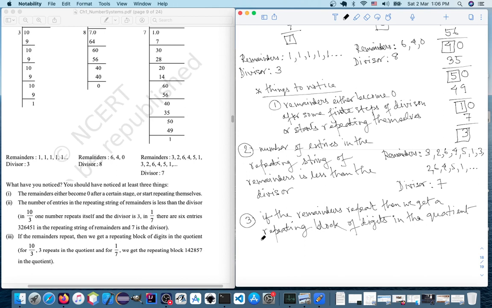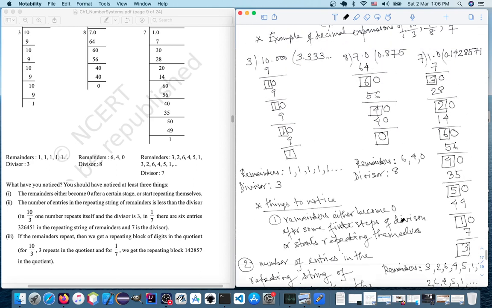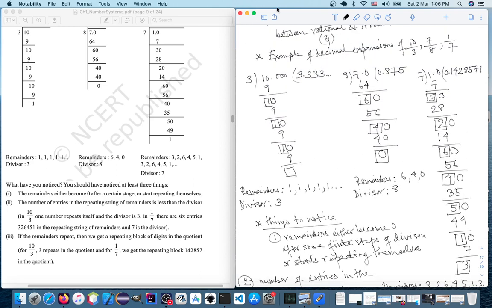Now, the repeating block of digits is essentially the same concept as the repeating string of remainders. For the first case, you see in the quotient the digit 3 is repeating. After the decimal point we have 3, 3, 3, 3, 3, and it will never end.